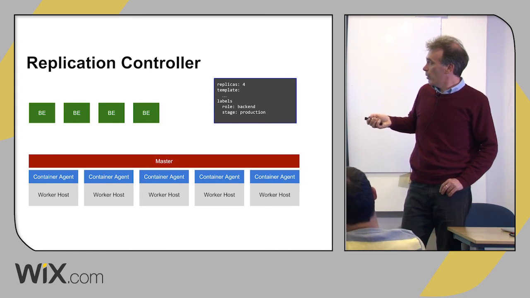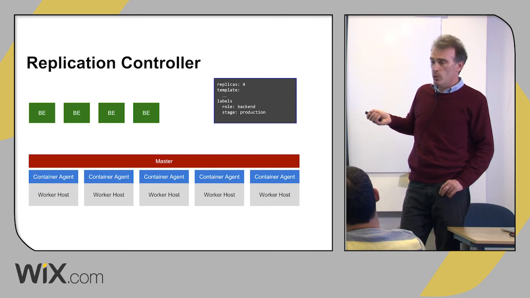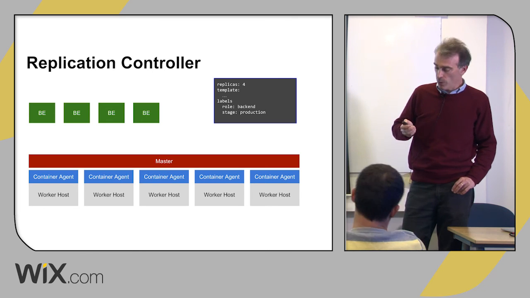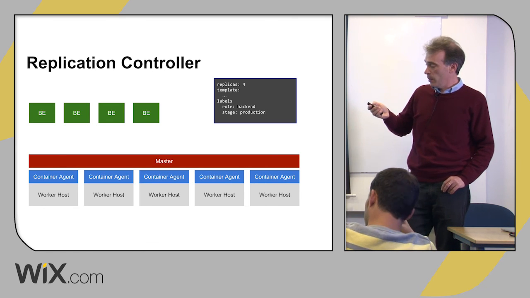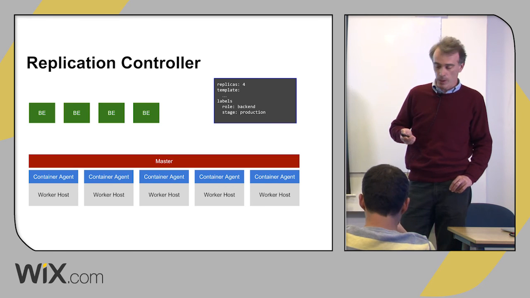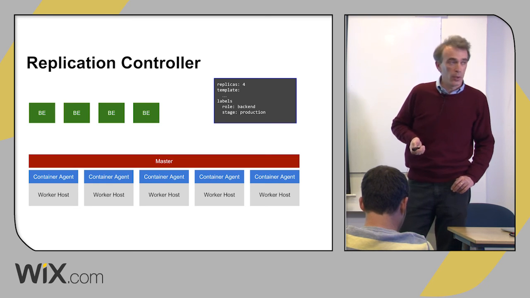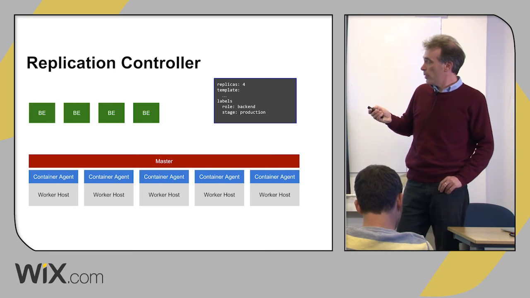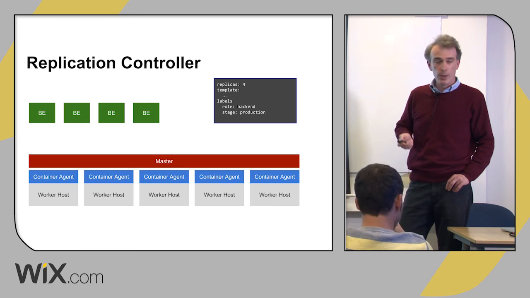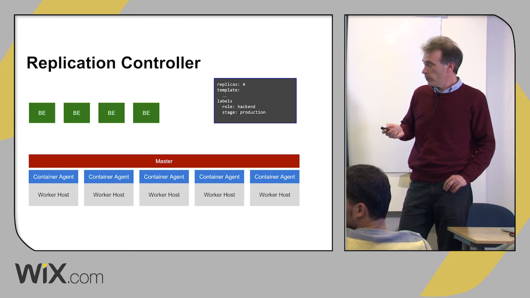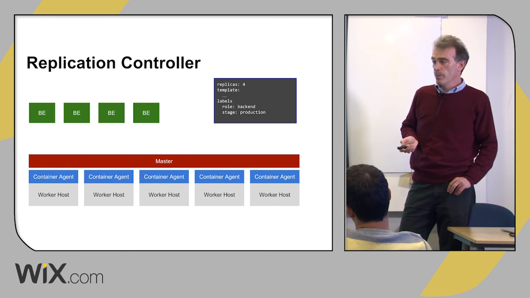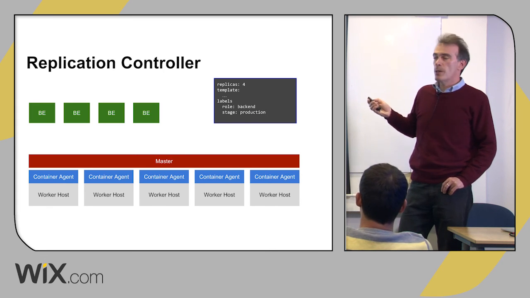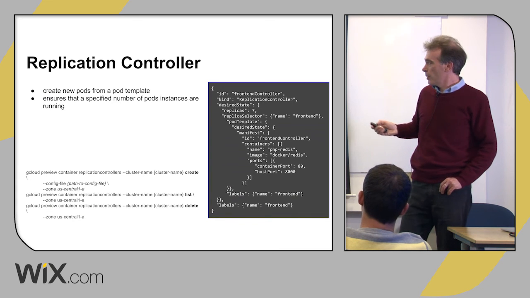For example, we can create a replication controller that will create for us 4 instances of our backend microservice in production stage. This replication controller will monitor all of them and will make sure that at each time we have exactly 4 instances. Is all of this running on the same pod, or is it replicating the pod itself? Replicas is the number of pods.